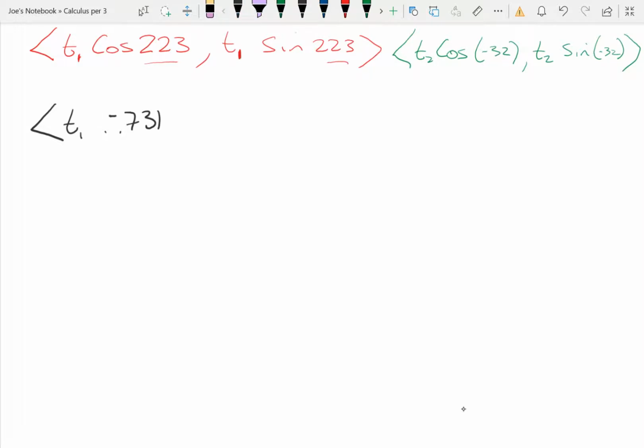That's the same thing as saying negative 0.731, right? So it's just a number. That looks a little bit better, but you can do that or not do that. I highly advise you don't do that.